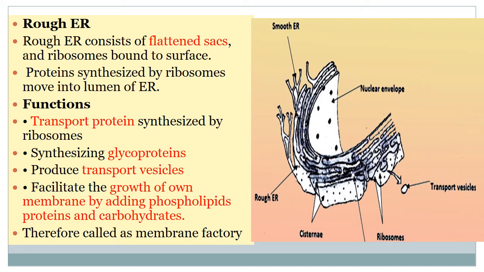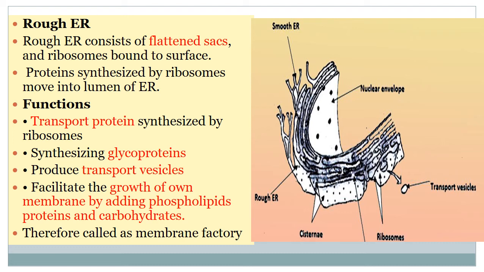Proteins synthesized by ribosomes move into the lumen of the ER. The functions: transport proteins synthesized by ribosomes, synthesizing glycoproteins, produce transport vesicles, and facilitate the growth of its own membrane by adding phospholipids, proteins and carbohydrates.